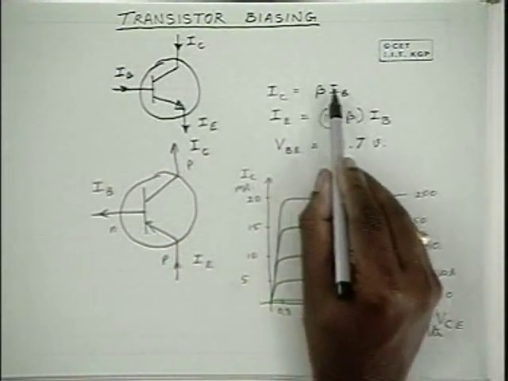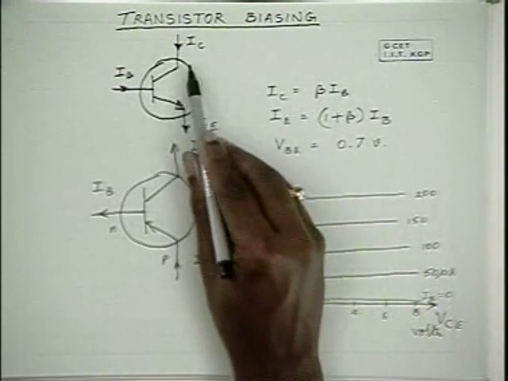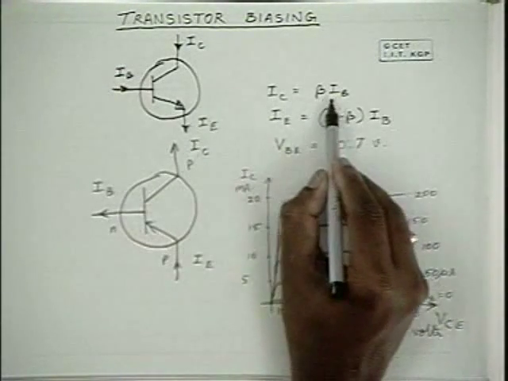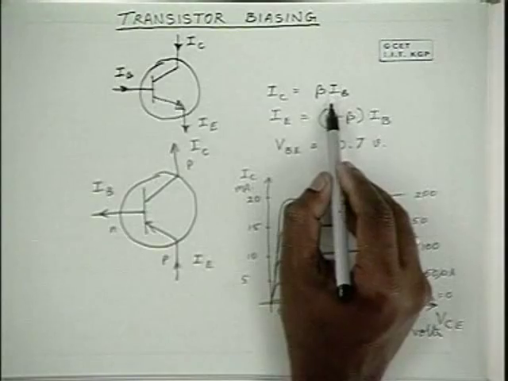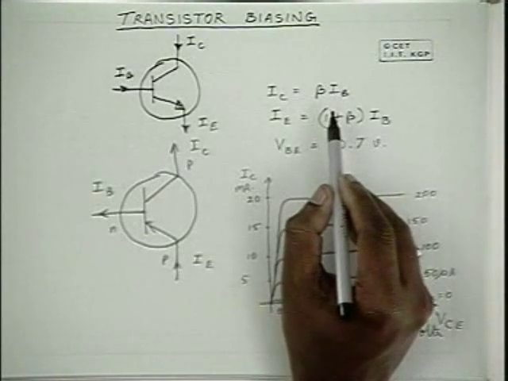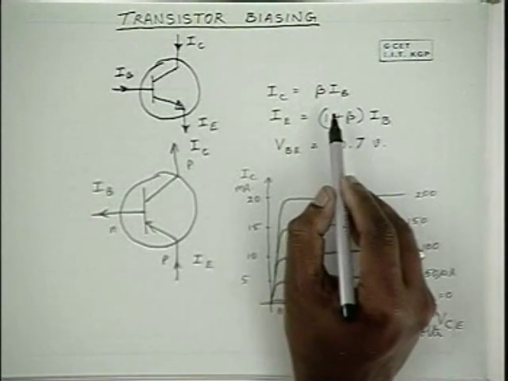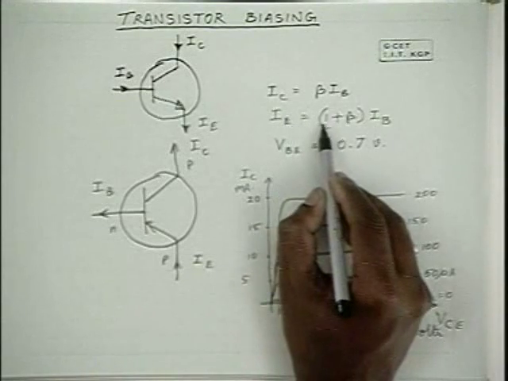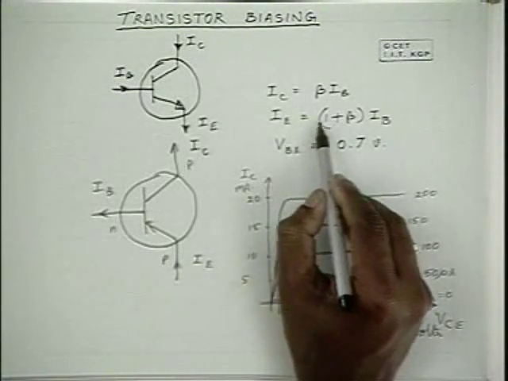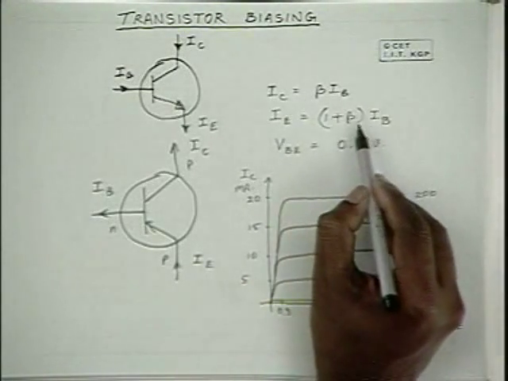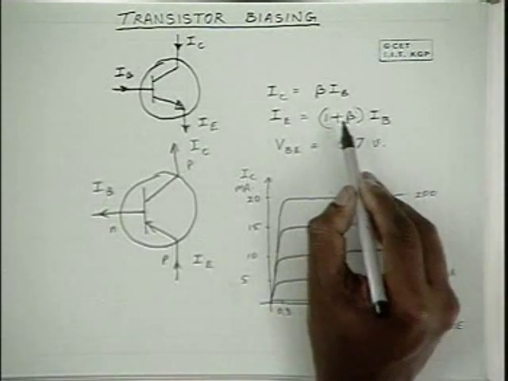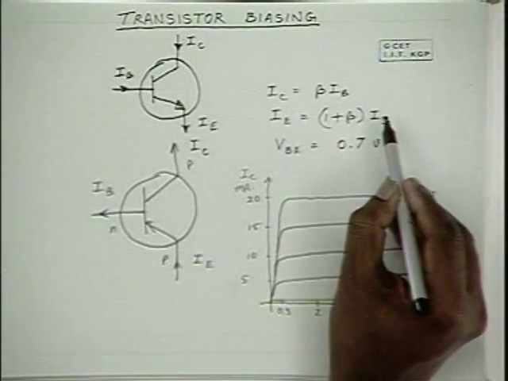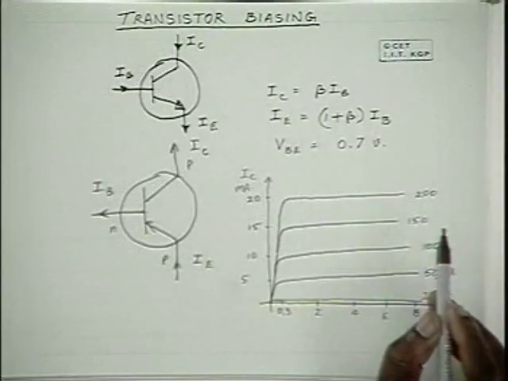So the current relationships are like this. The collector current is approximately beta times IB, which has been already discussed in the earlier chapters. And the emitter current is IC plus IB, which is IB plus beta IB, equal to 1 plus beta times IB.